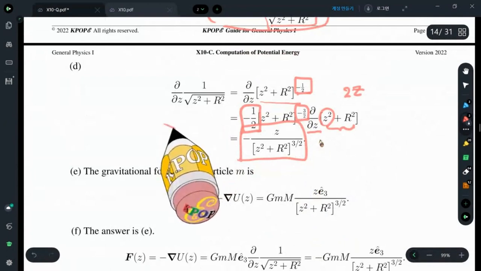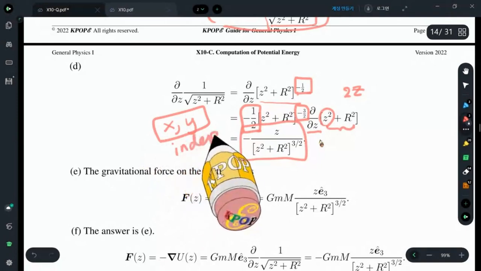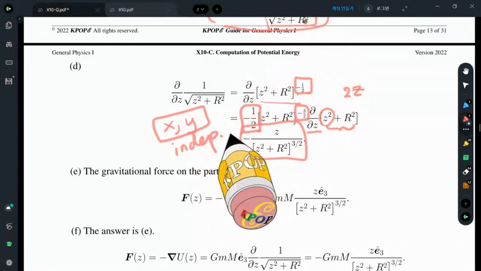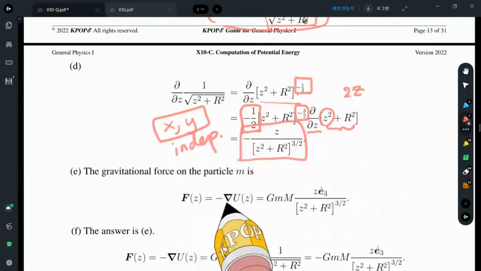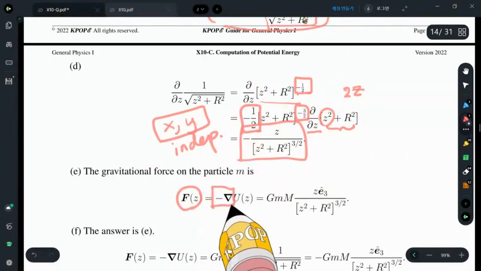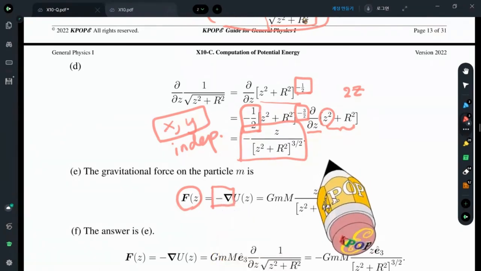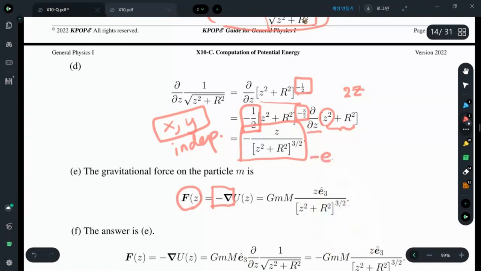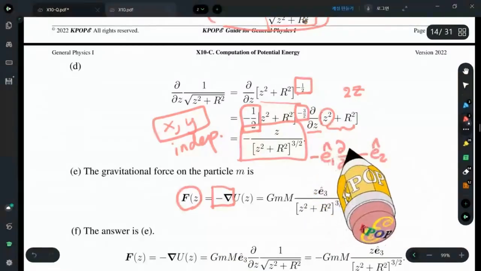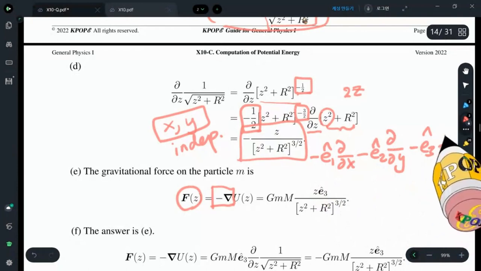Except for z, we can notice x and y independent. This formula does not have any x and y. Therefore, if I compute the force, I just apply the minus gradient, and in this minus gradient, I have a minus e1 x derivative, e2 y derivative, and e3 z derivative.